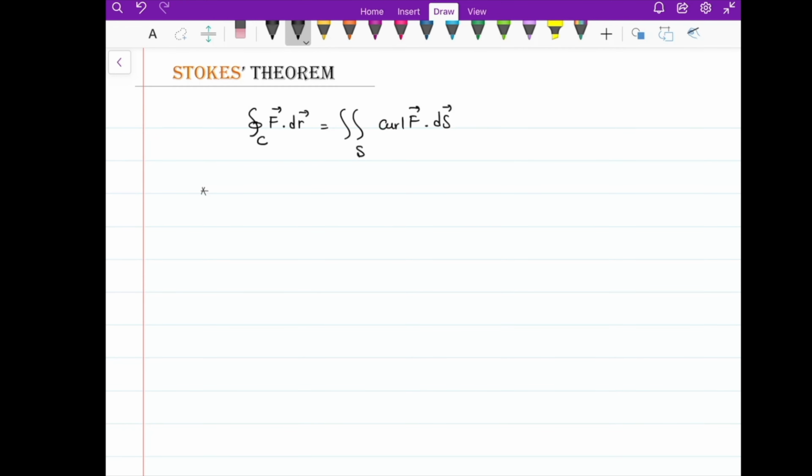So I'm going to start with F. F is a differentiable vector field, which means that all components of F have continuous partial derivatives.